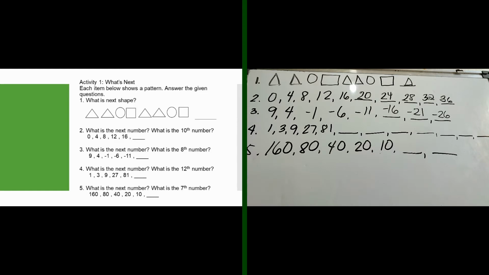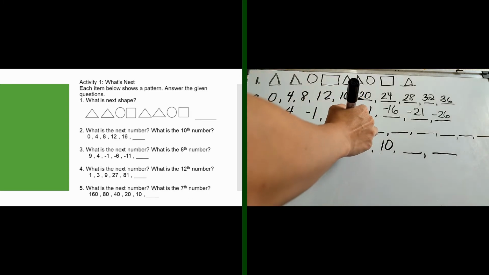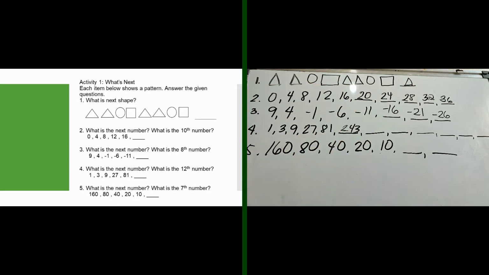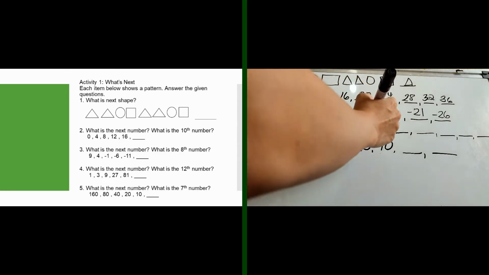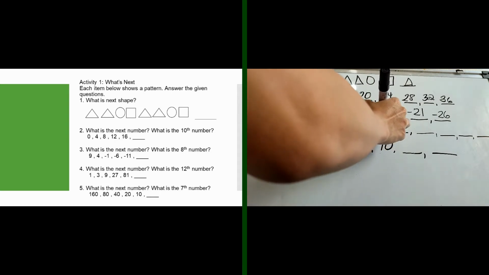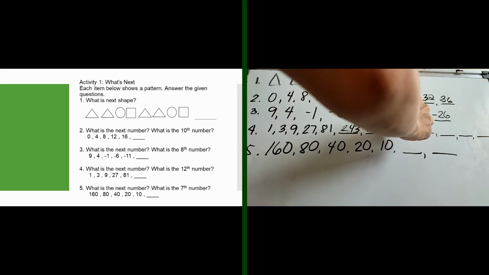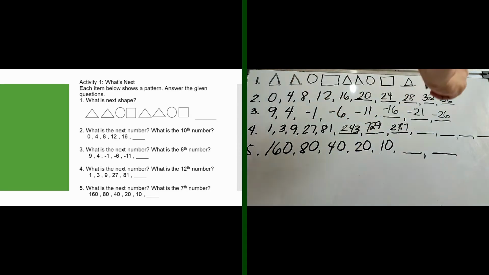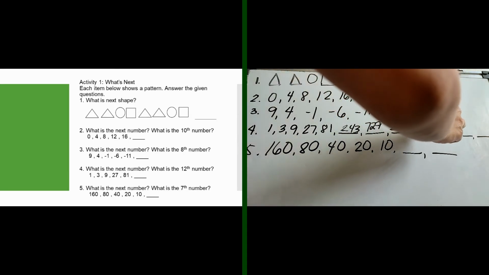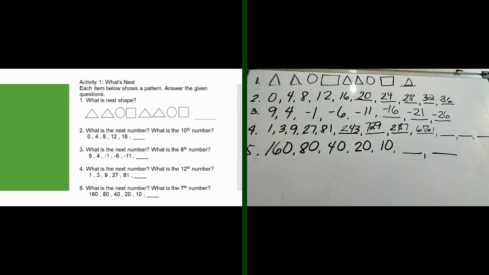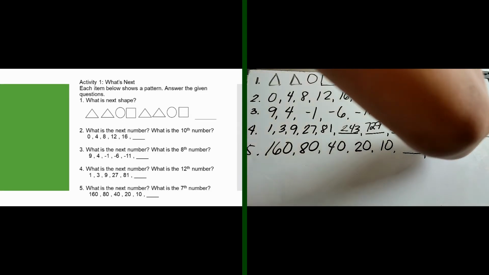So 81 times 3 is 243. And then we need to have the 12th number, so we just multiply 243 times 3, which is 729. Times 3 is 2,187. Times 3 is 6,561. Times 3, we have 19,683.